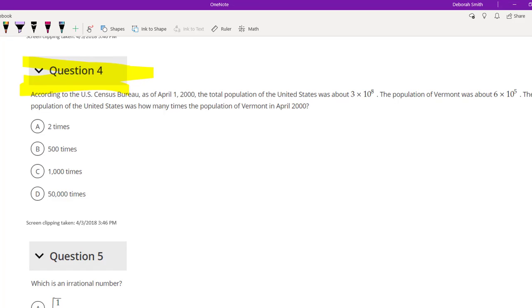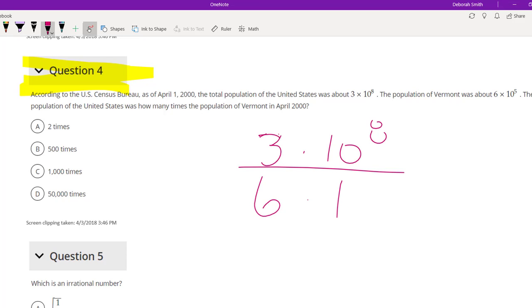The population of the U.S. was how many times? So that should tell you the operation you're going to do when the question mark is how many times. That's a divide. So we should have on our calculator 3 times 10 to the 8th divided by 6 times 10 to the 5th. So 500 there.